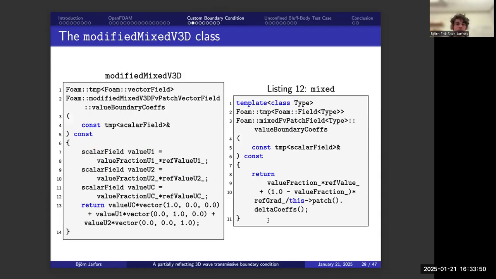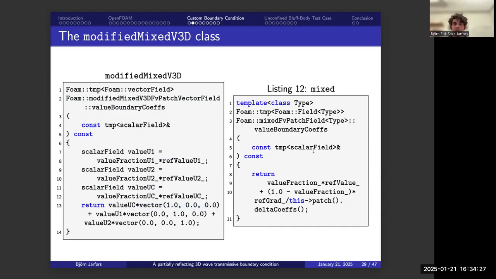So just to give you an idea of the comparison of, for example, the value boundary coefs member function I showed you earlier in the mixed and the modified mixed V3D class, now we calculate these three, value u1, value u2, and value uc, and then we multiply them by the corresponding vector so that we know which direction it's actually corresponding to.